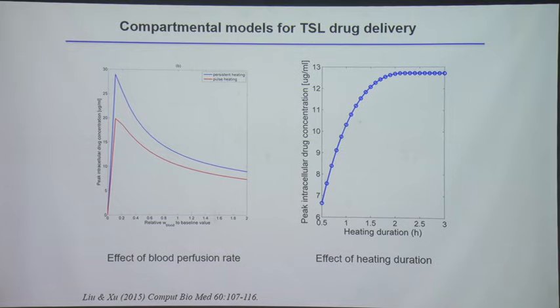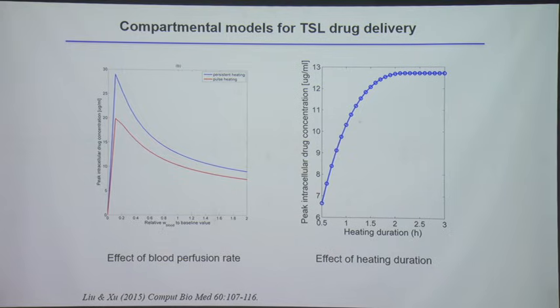And here, if we again plotted these and looked at the predicted simulation for different blood perfusion rates under persistent heating and post-heating, again, with persistent heating you get a higher peak intracellular drug concentration.